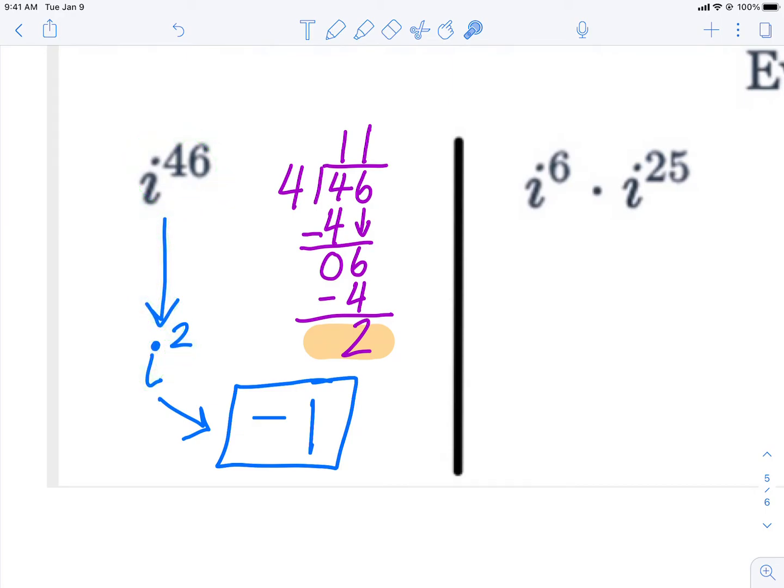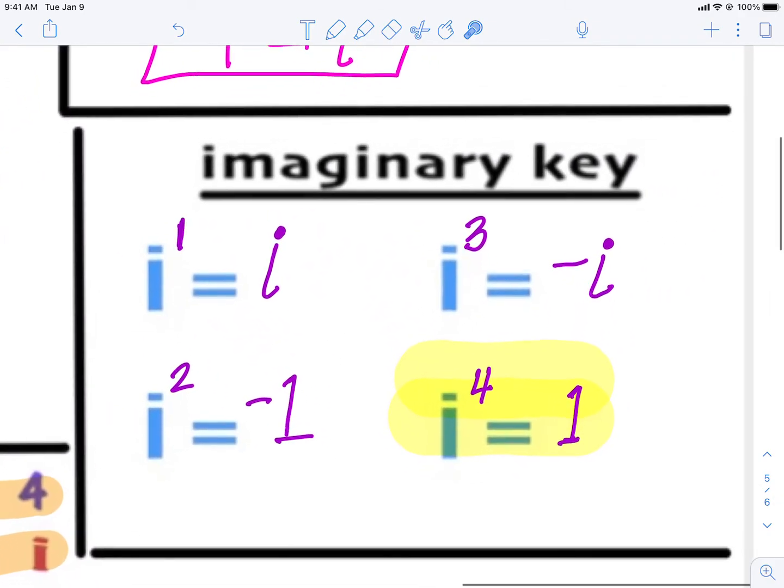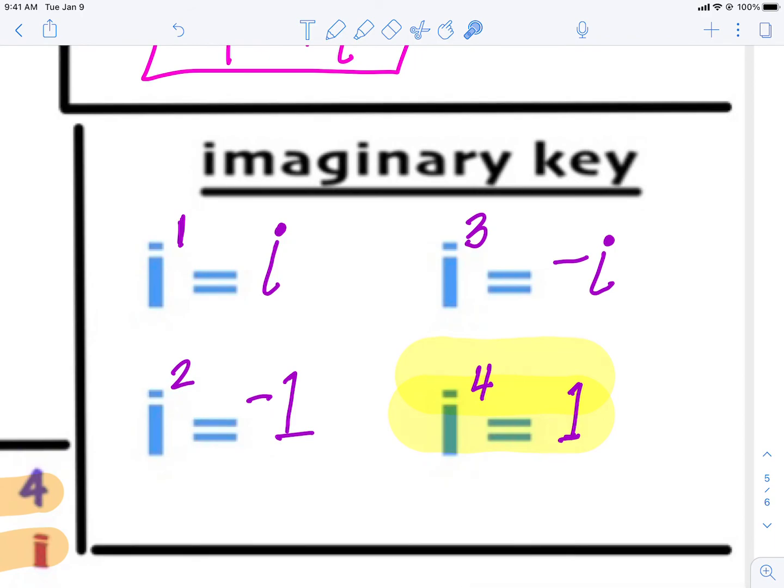Because you see this I to the 46? That's not on my chart. That's not on my key here. I need to do one of these 4, because one of these 4, I know the solutions. Right? I know the solutions.